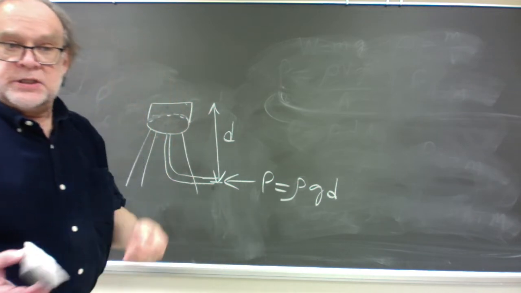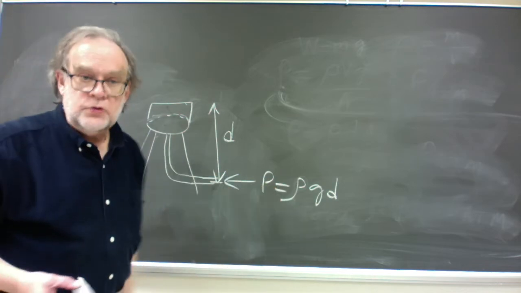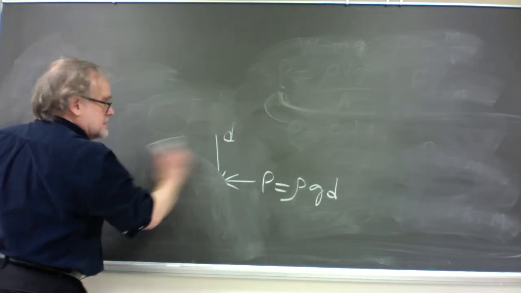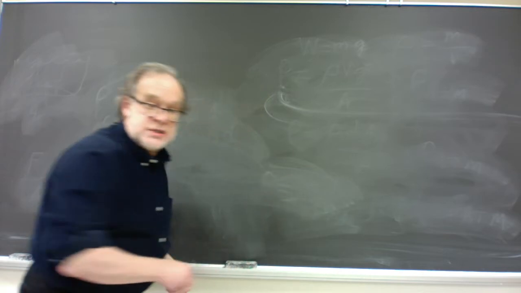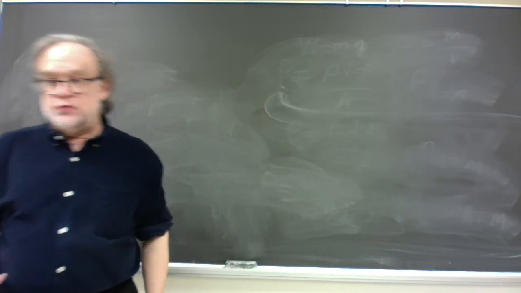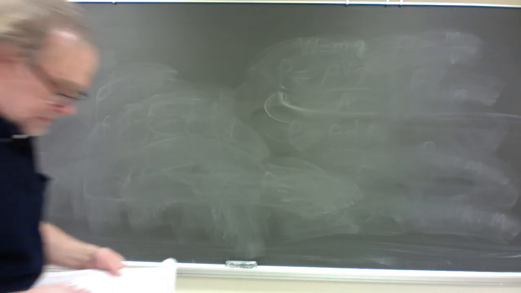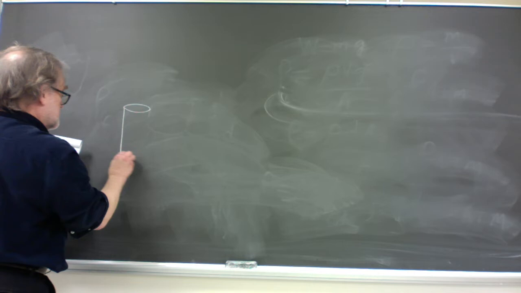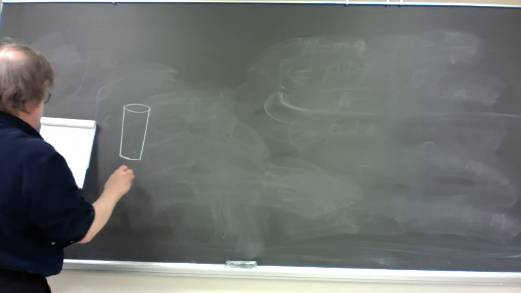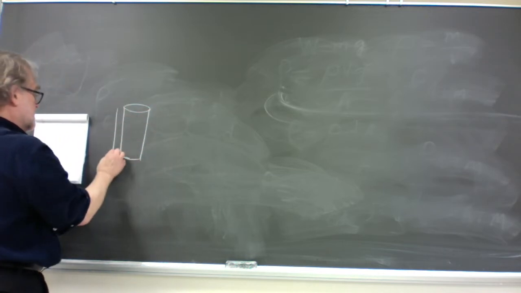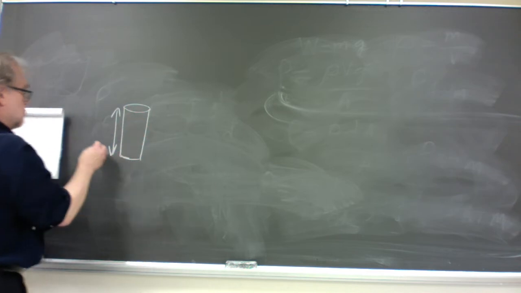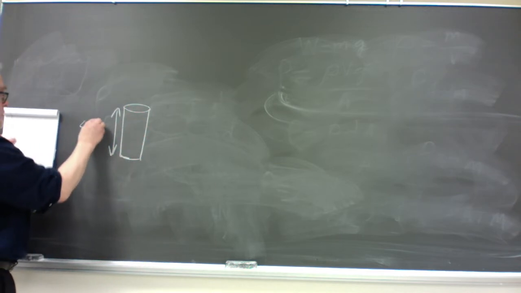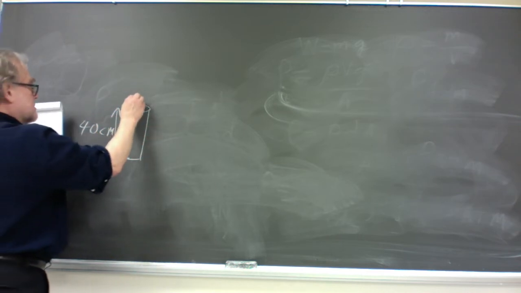Well, let's look at an example of using this. Let's say we have some cylinders full of water, 4 of them. The height of this first one is 40 centimeters.